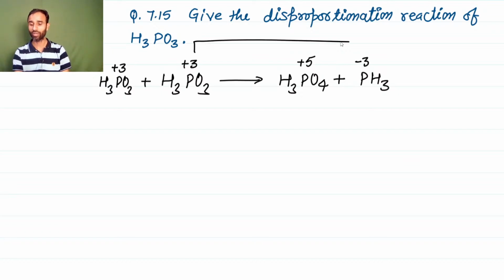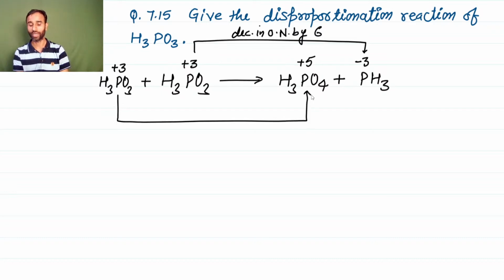So +3 to -3, decrease in oxidation number by 6, +3 to +5, increase in oxidation number by 2. So just multiply this by 3, so that the increase in oxidation number is equal to the decrease in oxidation number. So it is 3, 3.